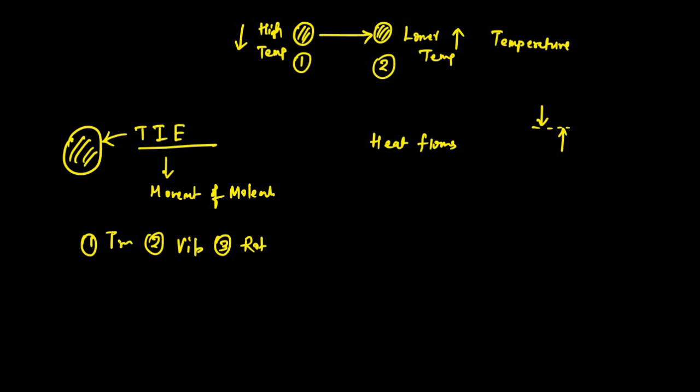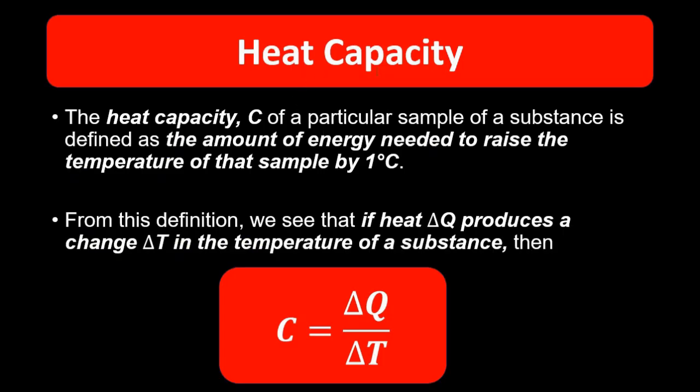So what is heat capacity? The heat capacity, which is expressed mostly in terms of capital C, whereas different books can have different notations, but mostly it is capital C, which is the accepted way.